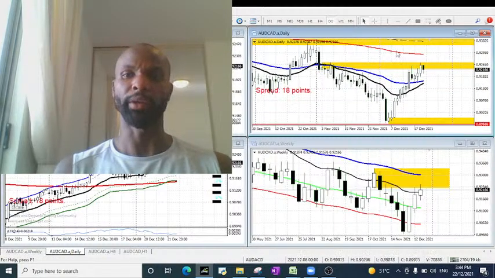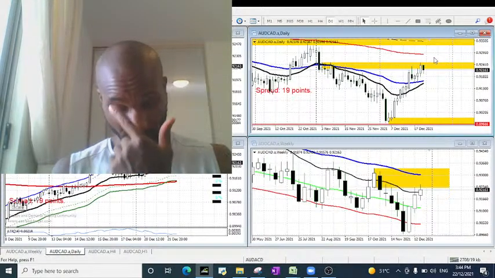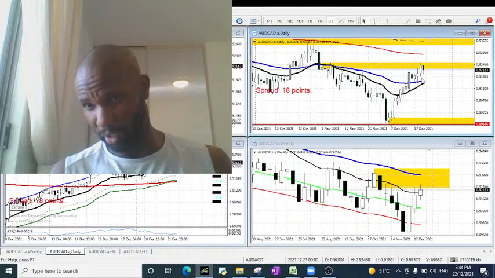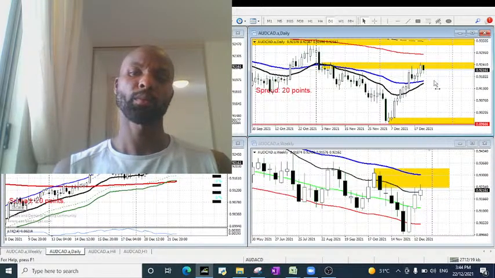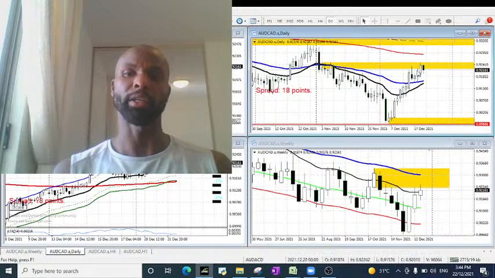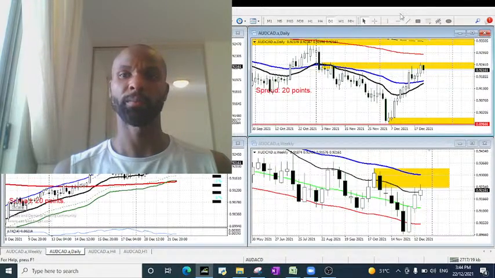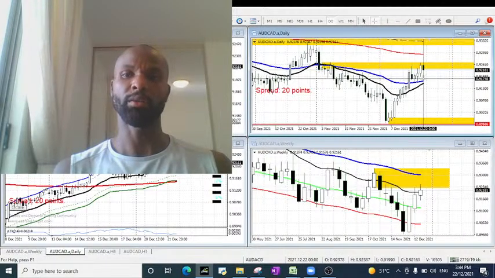So we are hitting a zone right here. Hit the zone, rejected, came back up. It's never a good idea to trade against the higher time frame momentum. You can see yesterday the momentum was bullish. So yesterday's candle, big momentum up.